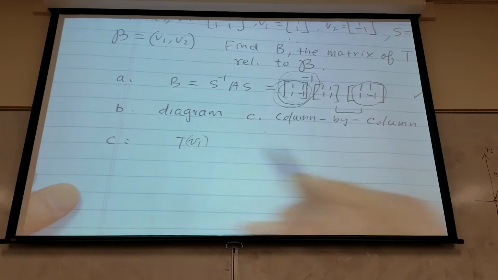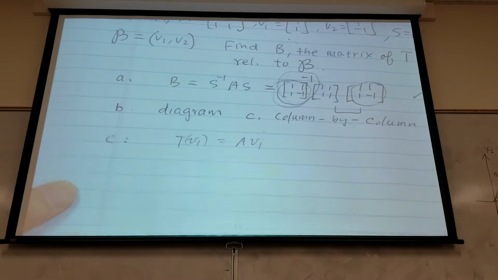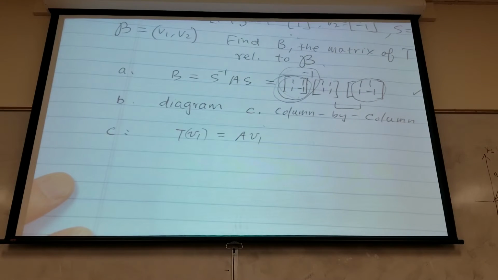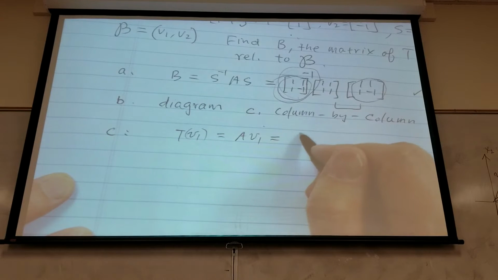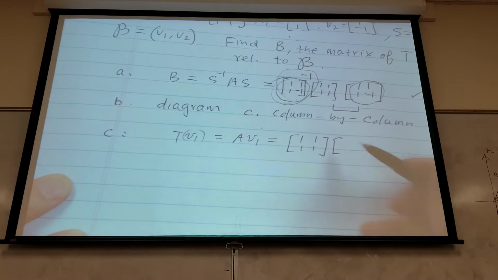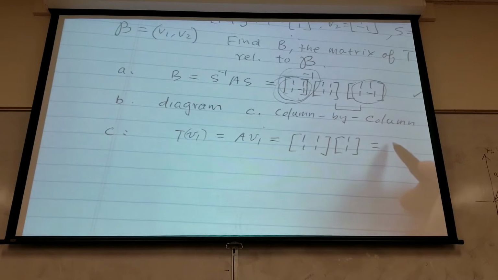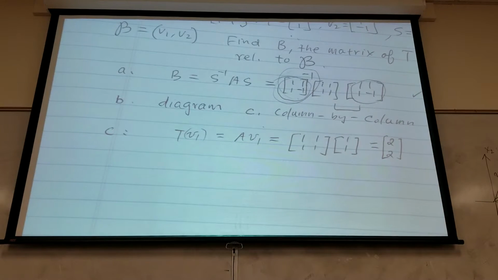TV1. What is TV1? That's A times V1, right? Okay, so A, 1, 1, 1, 1 again. V1, that's 1, 1, right? So you take the product, you get 2, 2, right? Here is the key.